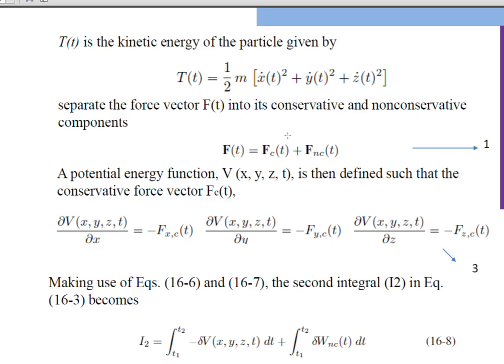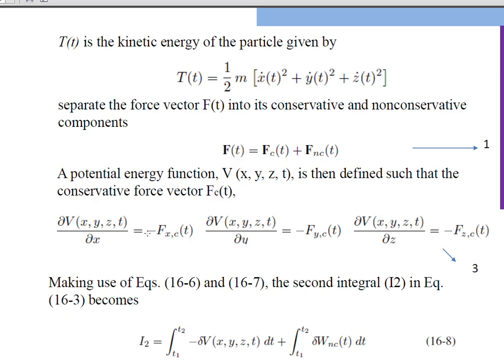And potential energy can be developed in this body. That potential energy we take as V, a function of x, y, z directions with respect to time. It is then defined such that the conservative force fc of t will be defined like this.